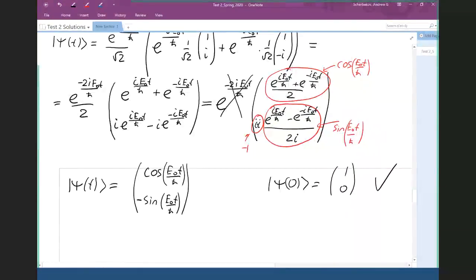By meaningful, I mean if somebody asks you to use that psi to calculate an expectation value, or a probability of being in some state, in whatever calculations you do that you can actually compare with experiment, that overall phase will always cancel out.